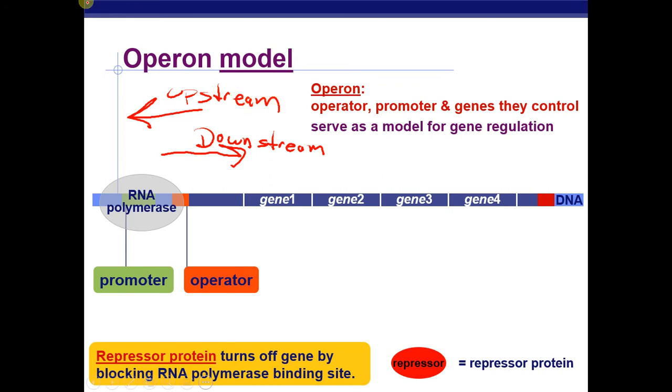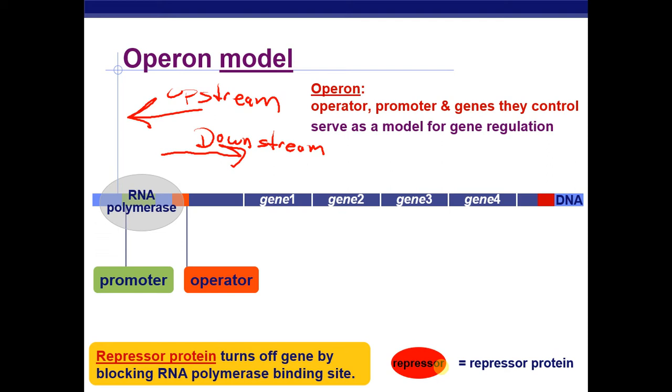So downstream from the promoter is the section called the operator, where down at the bottom of the screen, this repressor protein will bind. And the repressor protein is what turns off the gene by binding to that operator, and it blocks the RNA polymerase. It doesn't let it go through. It prevents it from binding and moving down the DNA to transcribe those genes.